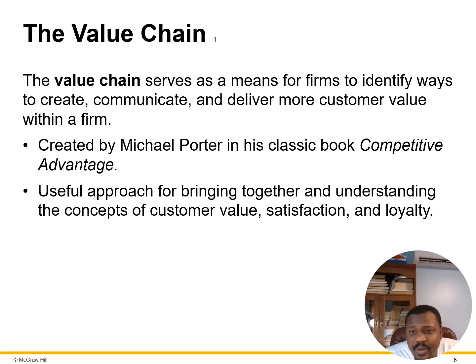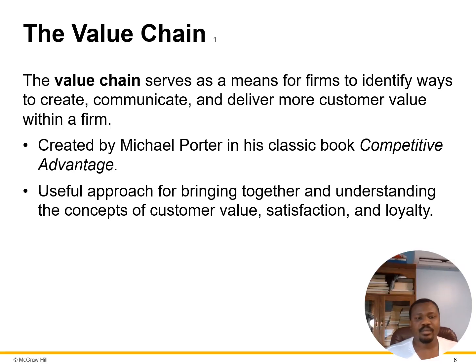So the more you deliver value for customers within the firm, you are creating the value chain. And as you create or expand the value chain, the firm becomes vibrant and better. Michael Porter, in his book Competitive Advantage, talks about the value chain, a useful approach for bringing together and understanding the concept of customer value, satisfaction, and loyalty.